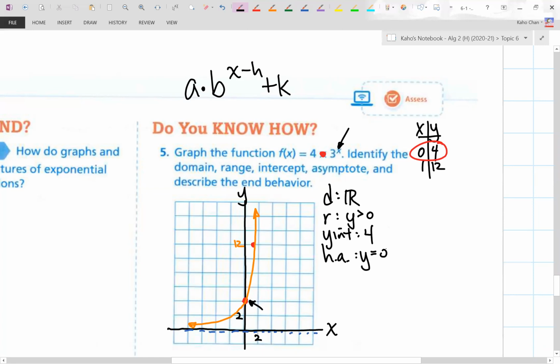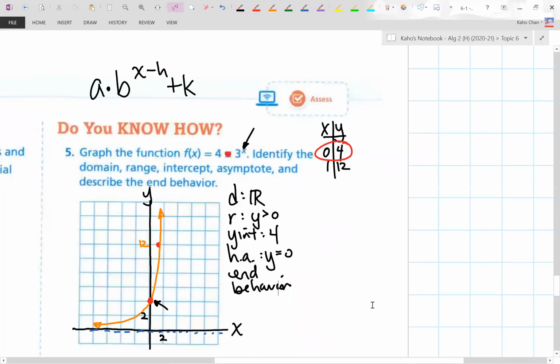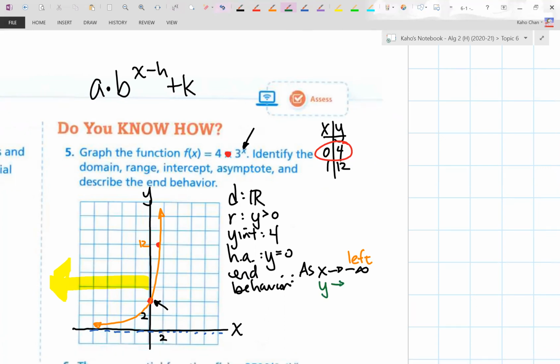Great. And behaviors last. To kind of get used to this notation. From the middle now, going left, looks like my y value is approaching 0. As x approaches left, my y value approaches 0, nice.